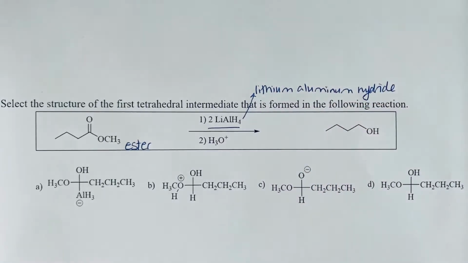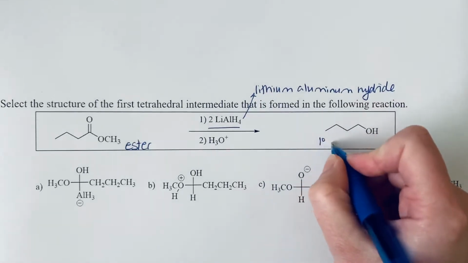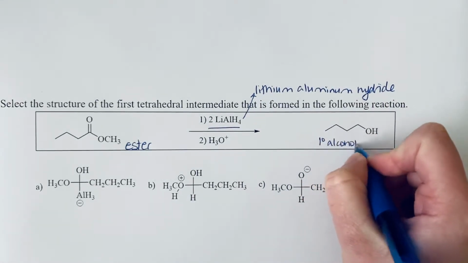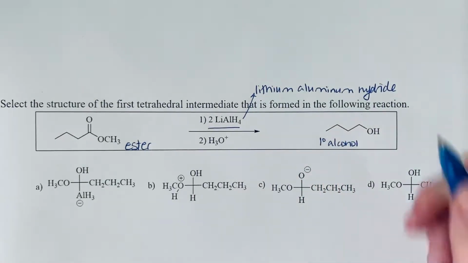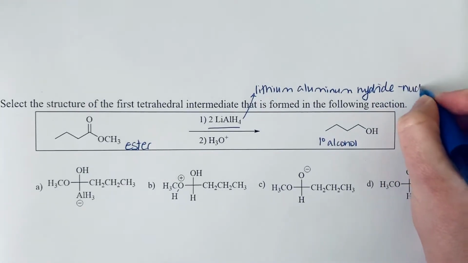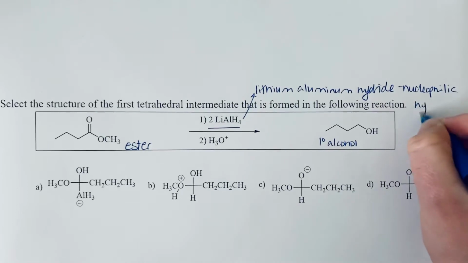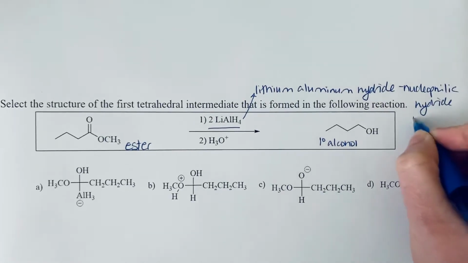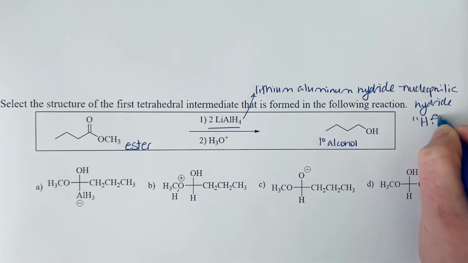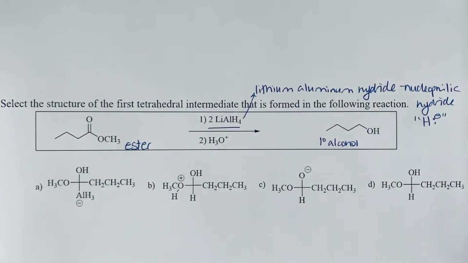And what we are forming is a primary alcohol. Lithium aluminum hydride is a source of nucleophilic hydride. Hydride itself is H minus, and this is too small to be a good nucleophile.